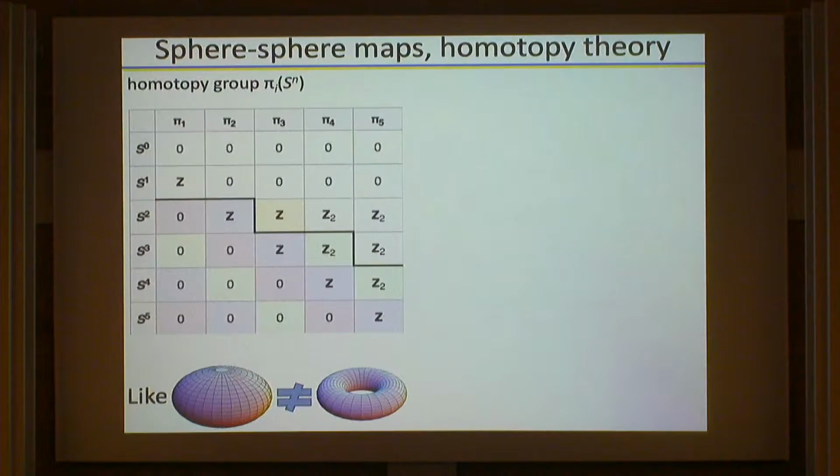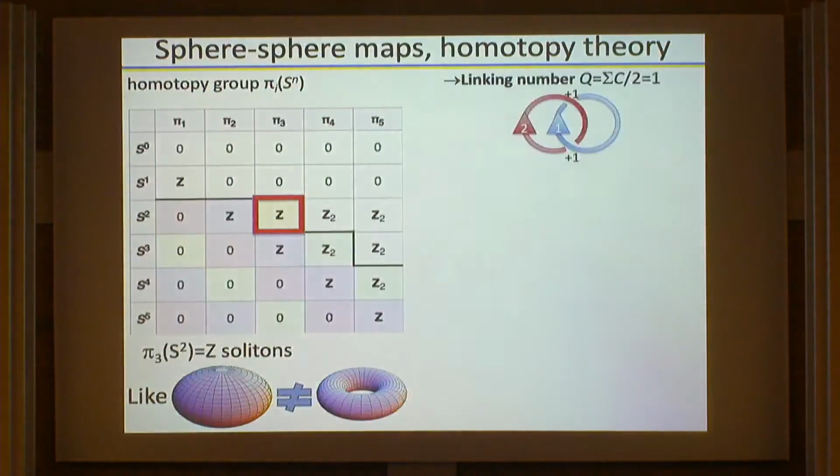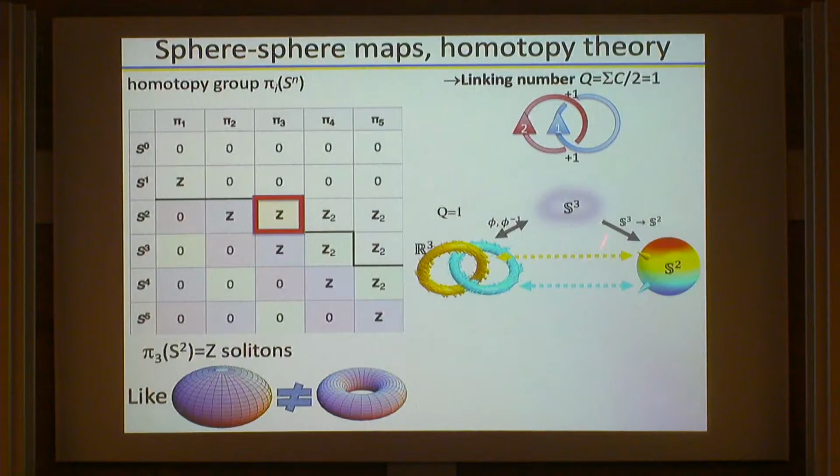So the reason we have such a large variety is that, as I already discussed before, we have many integers that describe the different, topologically distinct elements of this third homotopy group, pi3(S2). So it's an entire zoo where, as we already discussed, the geometric interpretation of the topological Hopf index invariant is the linking number.